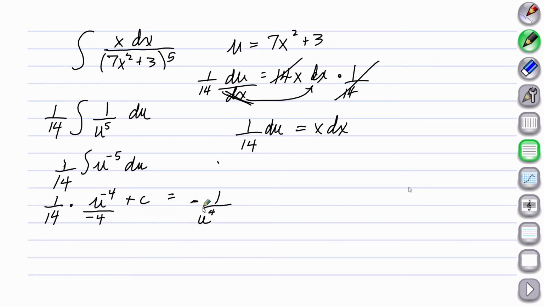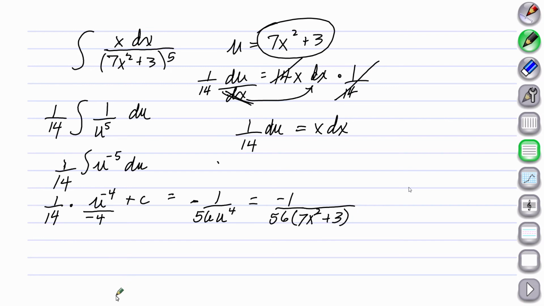That'd be 56. So I'm going to erase this. So it doesn't look anything like the original problem. Now I'm going to substitute in negative 1 over 56 times u, which is 7x squared plus 3. So quite different from the original problem, huh?